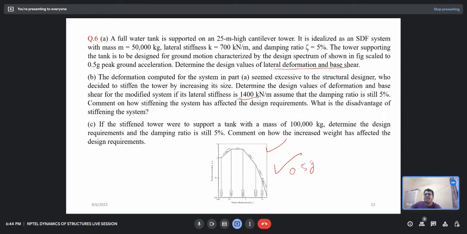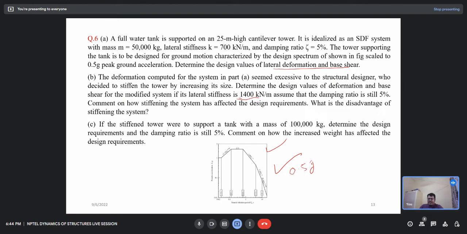Assuming the same data, we have to find again the lateral deformation and the base shear. After stiffening the tower, the designer then thinks about what the displacement and base shear will be if he increases the mass. So we have to compare all three cases.